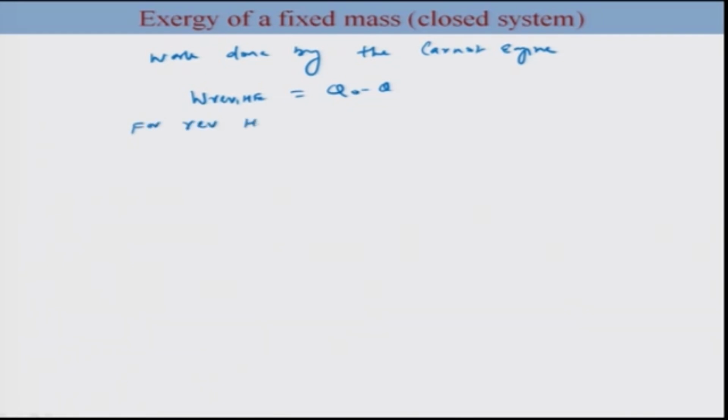So W reversible, the work done by the Carnot engine, would be Q0 minus Q. And we know that for a reversible heat engine, Q0 by T0 is nothing but Q by T. This is for the Carnot engine which we have earlier developed, and this is nothing but your S2 minus S1.